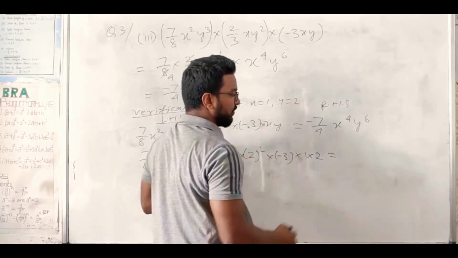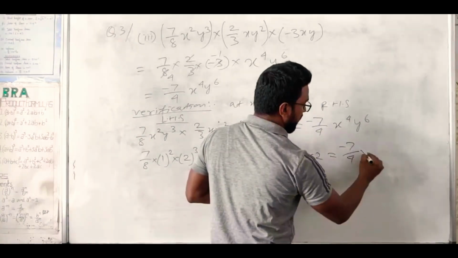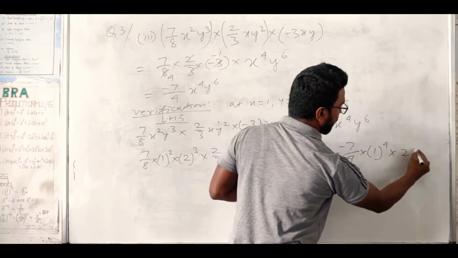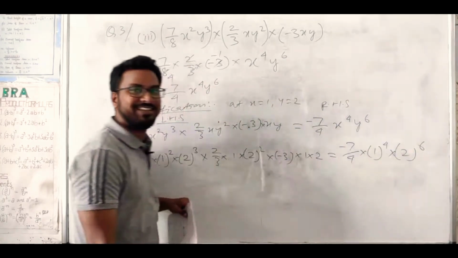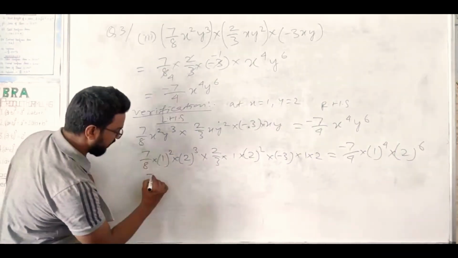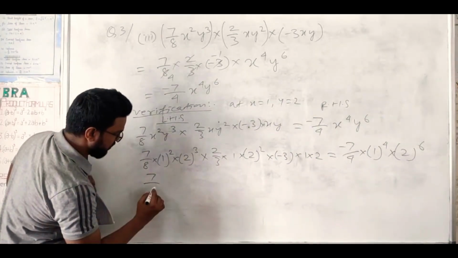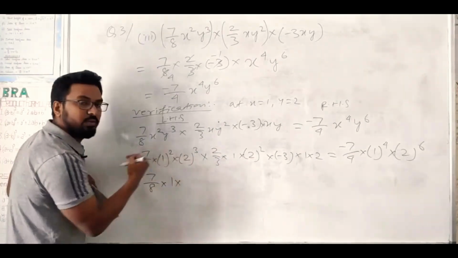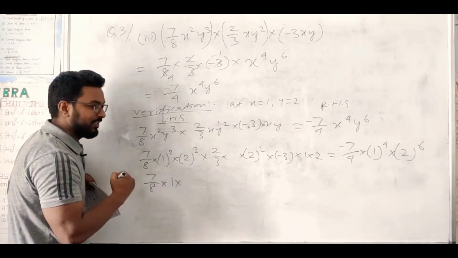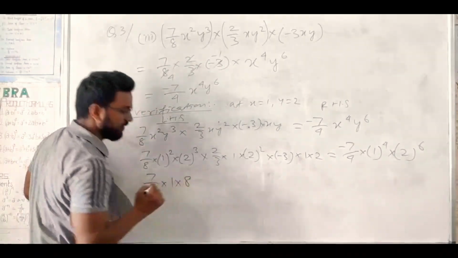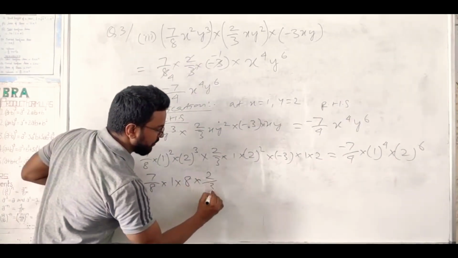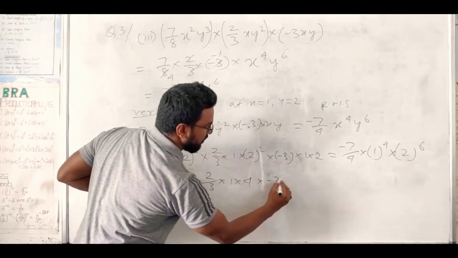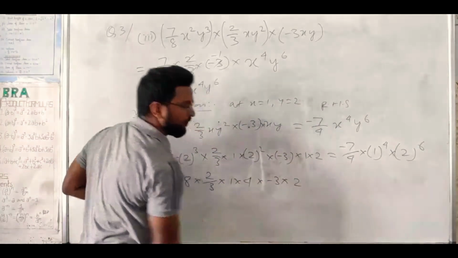In the right hand side also you have to replace the value. X is 1 to the power 4 into y is 2 to the power 6. Now you find the value. 1 square will be 1, 2 to the power 3 will be 8. So we'll write 8 into 2 by 3 into 1 into 2 square is 4 into minus 3 into 1 into 2 is 2.